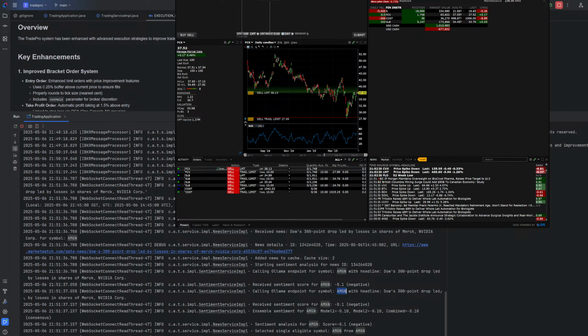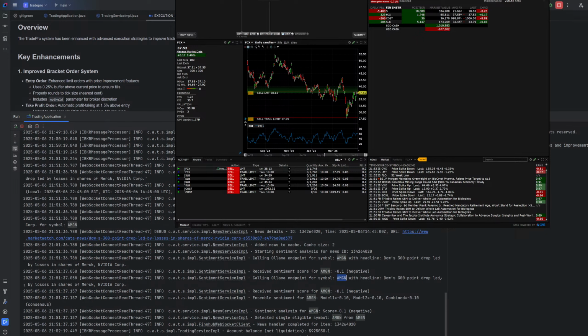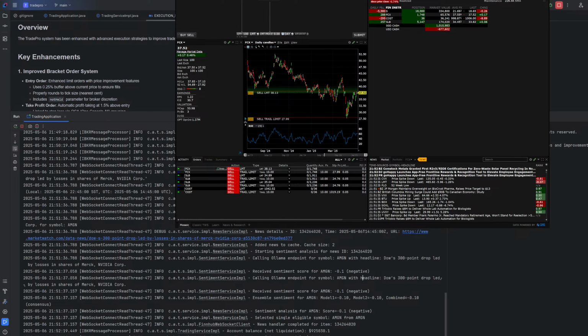There's a lot of other things that go on in deciding how to position, how to size the position, and when to cancel the orders. But those are happening mostly because of Interactive Brokers having a very good bracket order system, and also a system that I've currently hard coded because of my own personal requirements for risk.